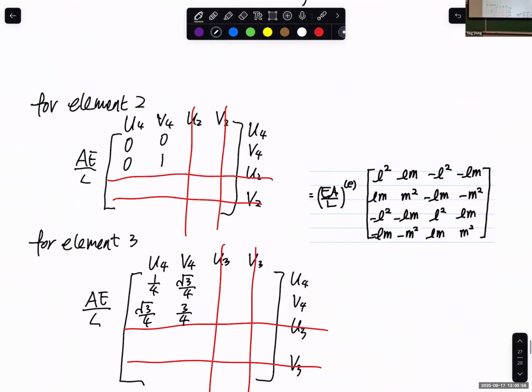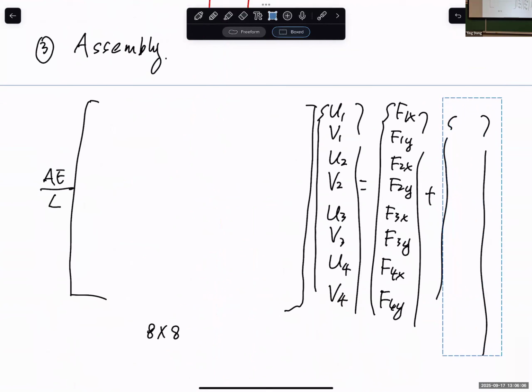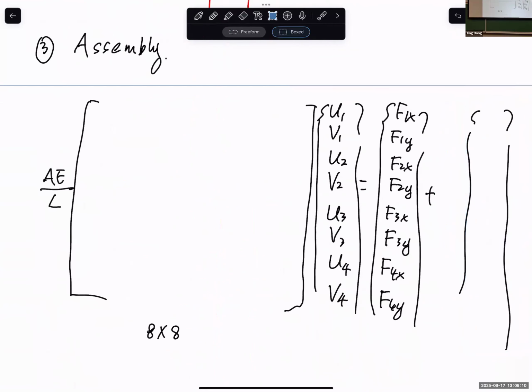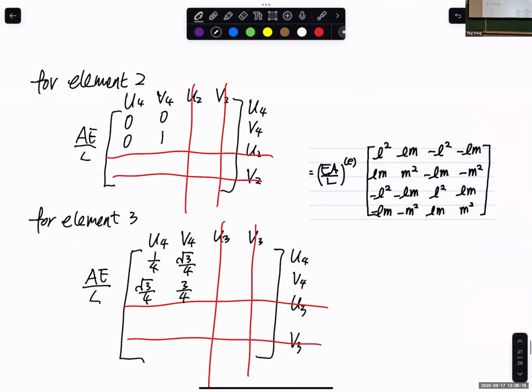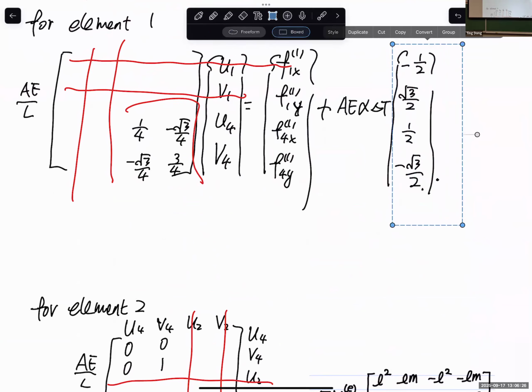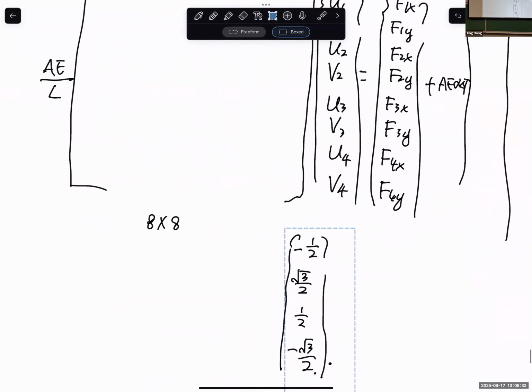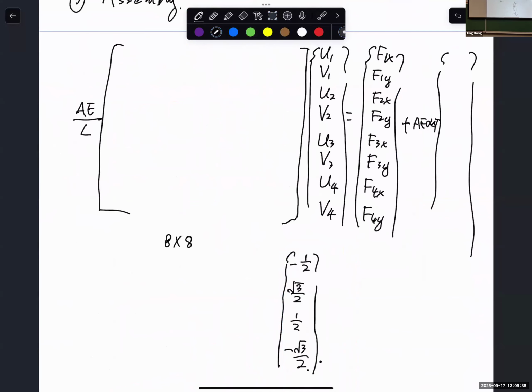So this is AE alpha delta T. Let's put a common coefficient here: AE alpha delta T. And we have -1/2, then 2, 3, 4.